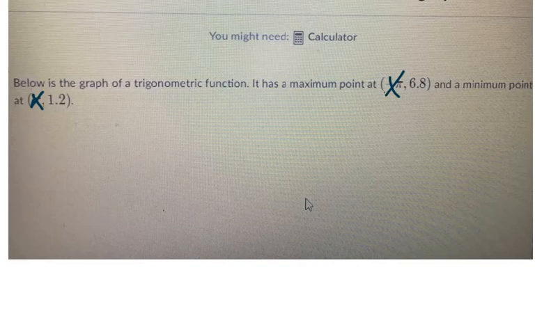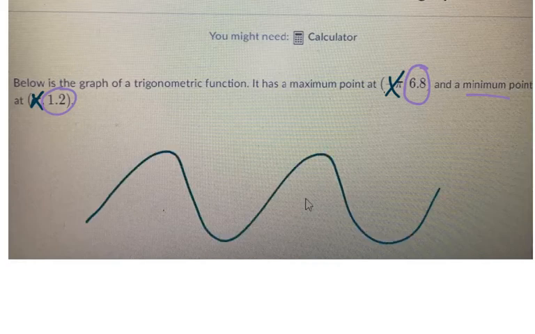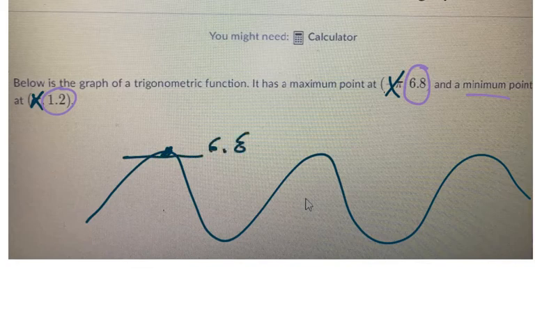They gave me all the information I needed. I know the max is at 6.8. I know the minimum they tell me is 1.2. So here's the graph, the wave. They're telling me the max here is at 6.8. They're telling me it comes all the way down to a minimum of 1.2.